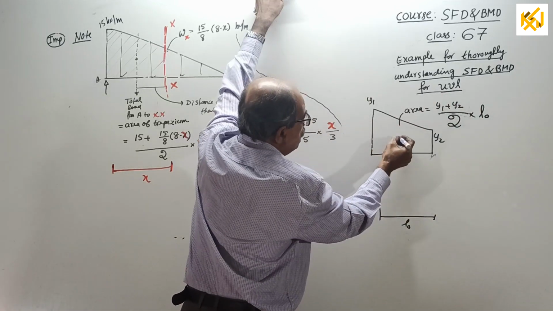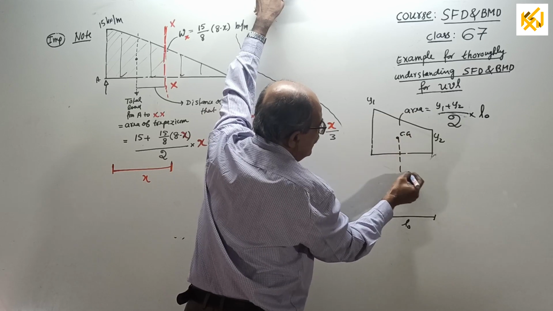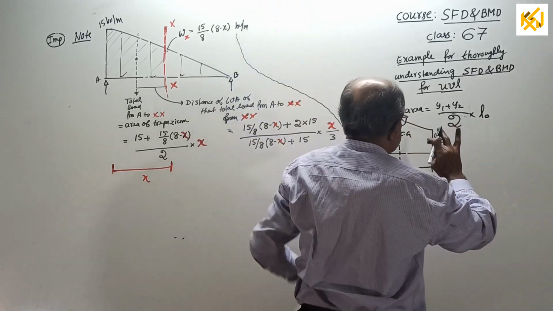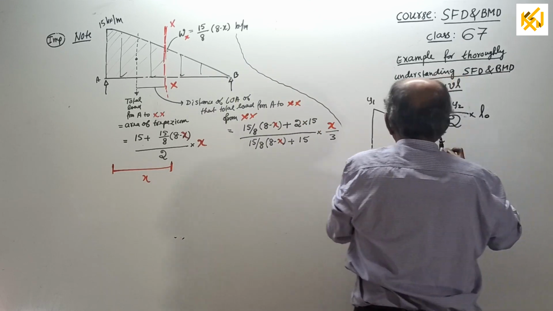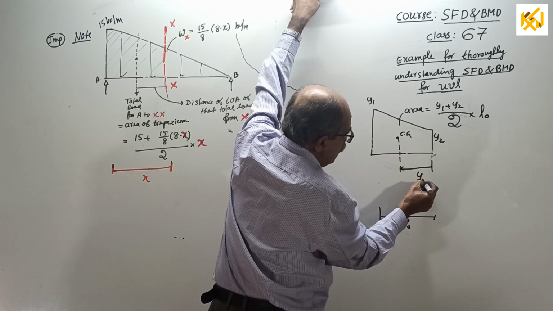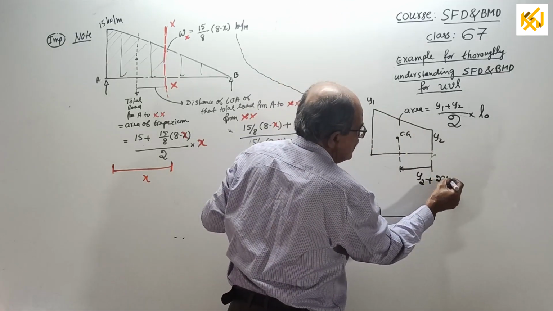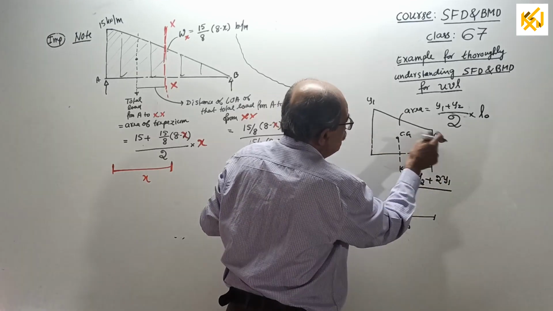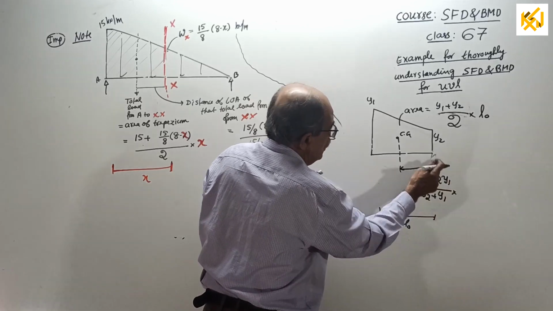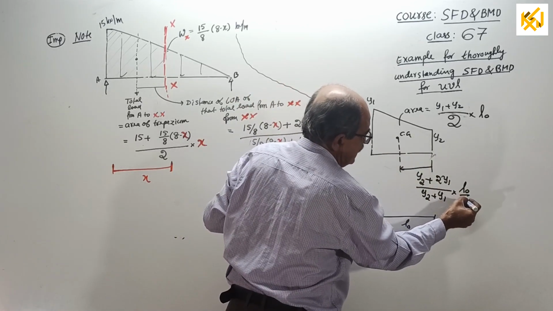Then suppose you want the CG from here. I told earlier: from where you want the CG, start from there. That side first, Y2 plus twice the other side, divided by the sum of the two parallel sides, Y2 plus Y1, into the distance between the two parallel sides, L0 divided by 3.